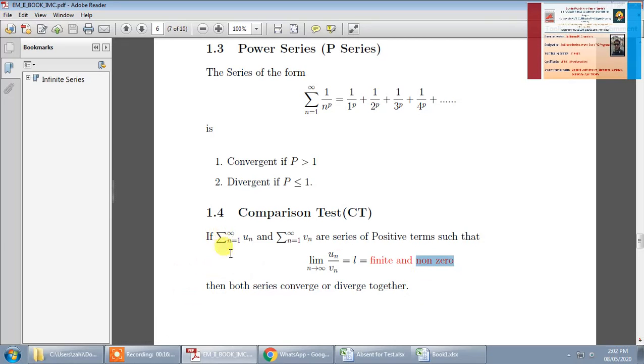If one is convergent, the other also will be convergent; if one is divergent, the other also will be divergent. That is called the comparison test. Now see how we are going to use that comparison test.